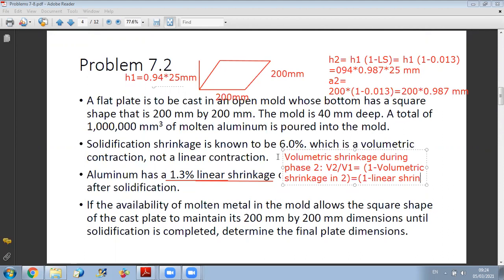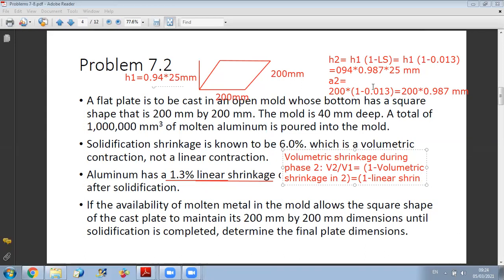So if you compare the expression of V2 and V1, when you want to calculate V2, you will do H1 times 1 minus 0.013 times 200 times 1 minus 0.013 squared, because the base has equal dimensions.